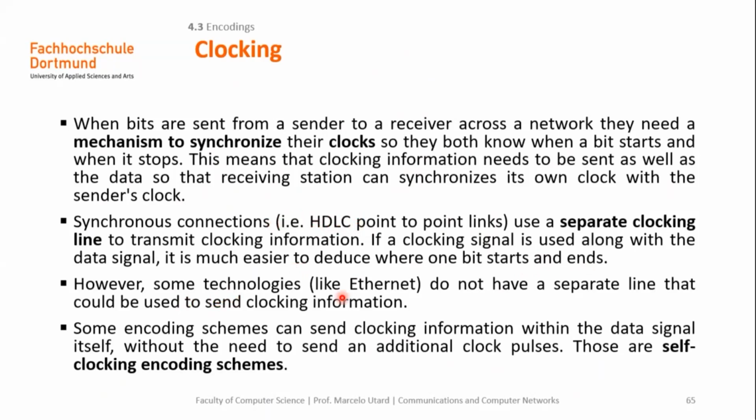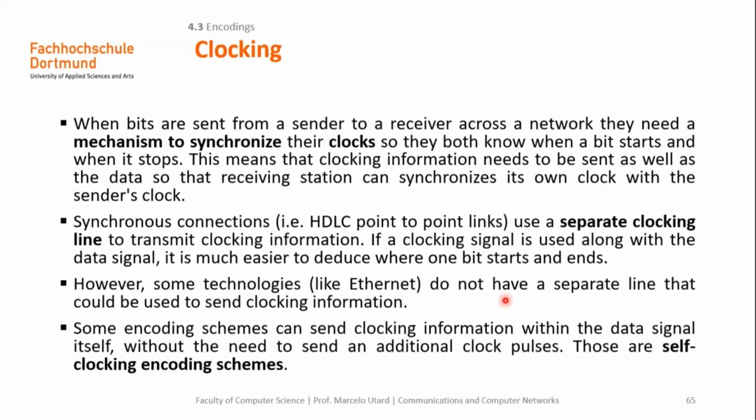However, some technologies like Ethernet don't have a separate line that could be used to send clocking information. One of the reasons is that typically Ethernet is a point-to-multipoint transmission. Then it's very difficult to transmit a separate clocking line to all the possible destinations.